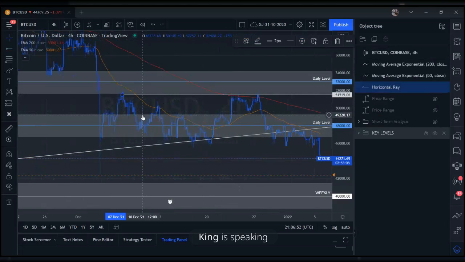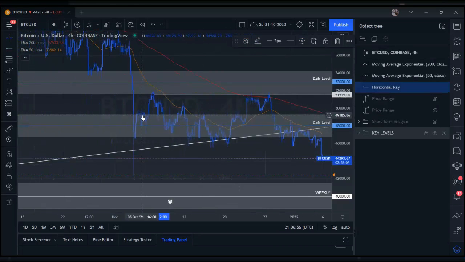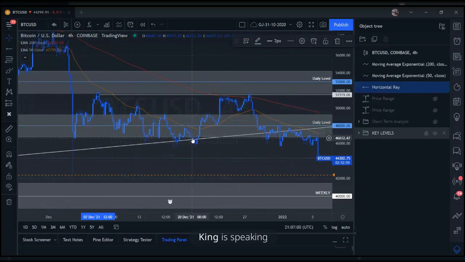So we can see three things that are giving us a sell signal. We've got a range high, in a sense.